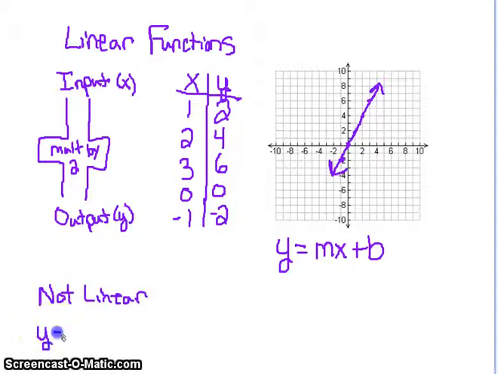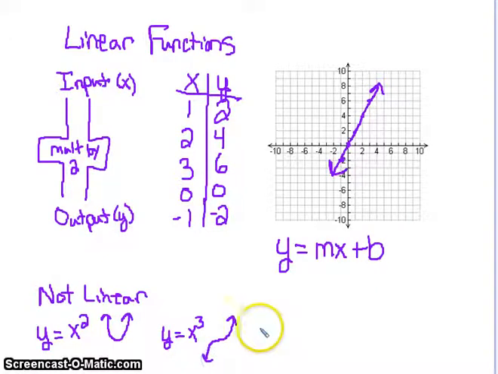So if we get into the form of y equals x squared, that is not linear. That's going to be our parabola. If we get in the form of y equals x to the third, that's cubic and our funky s. We can get into the form of y equals 1 over x, and that's our rational functions.